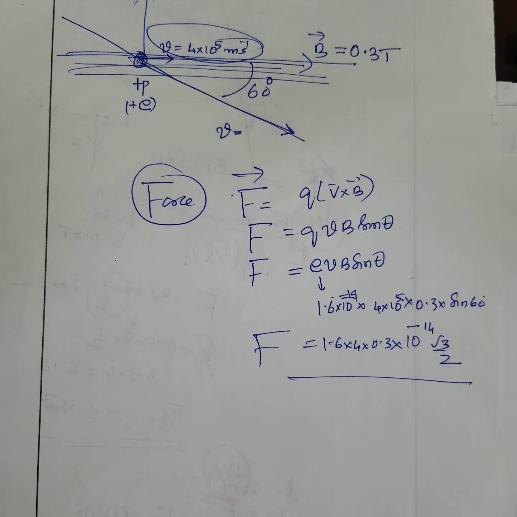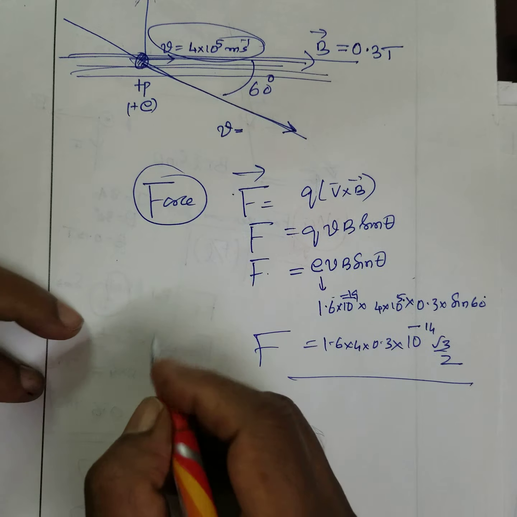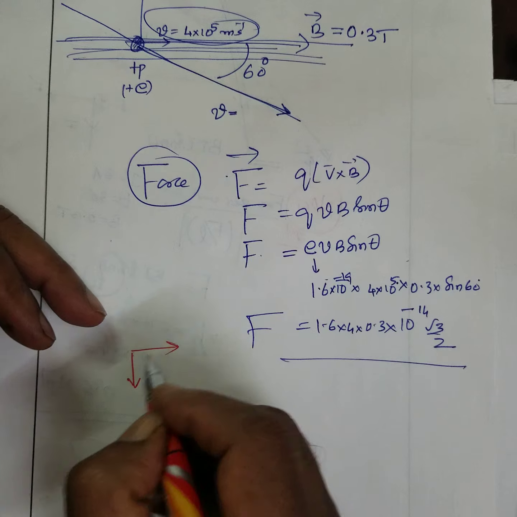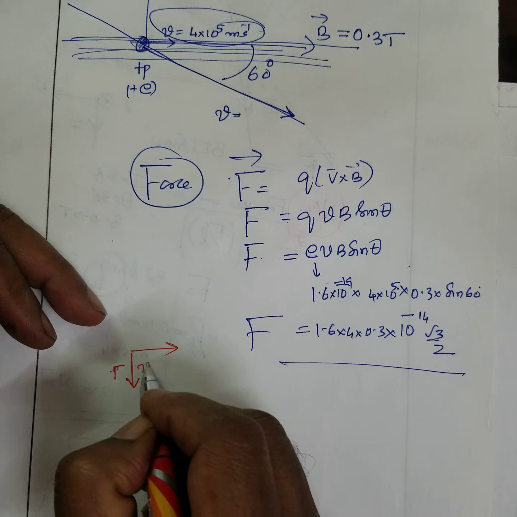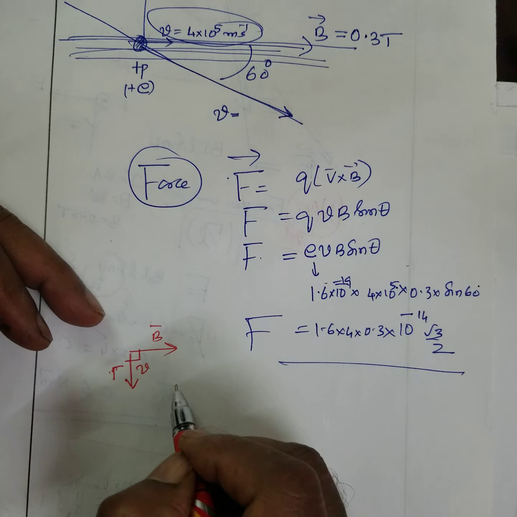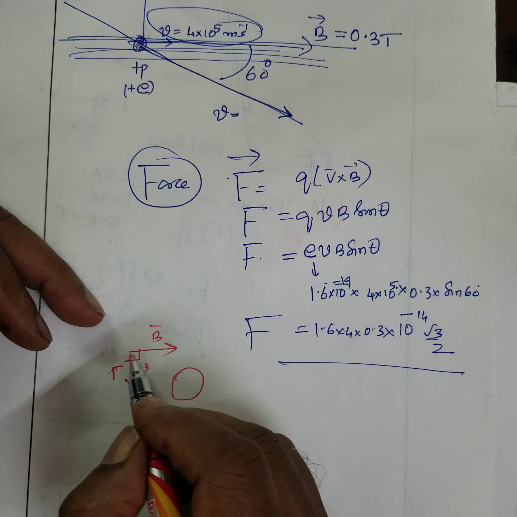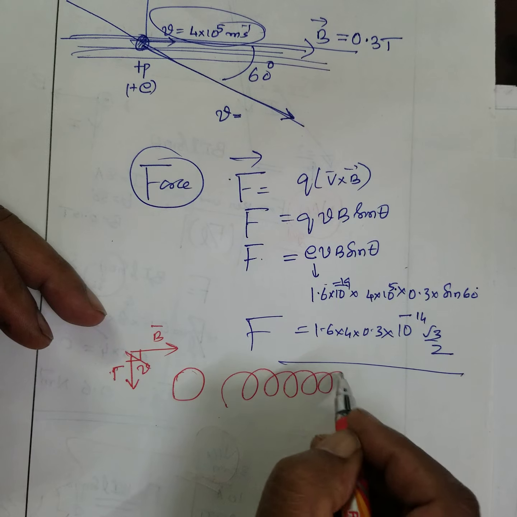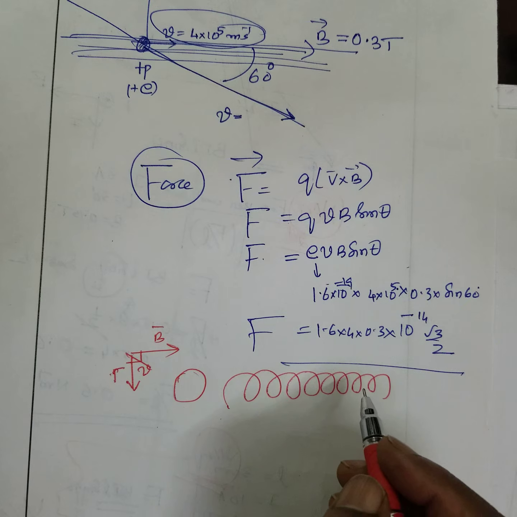Then they'll find the... see, here what actually happens is, if the velocity and magnetic field are both perpendicular, what will happen? You will get a circle. If they are not perpendicular, you will get a helix.